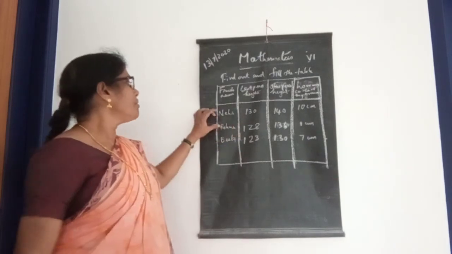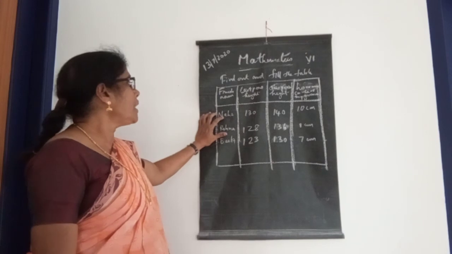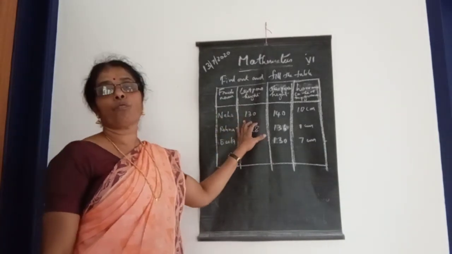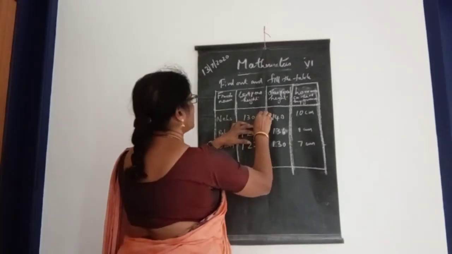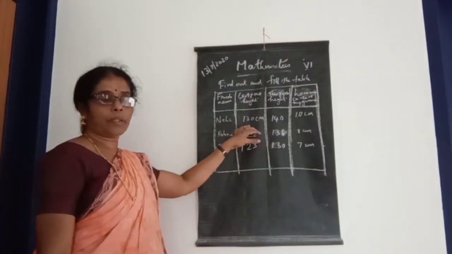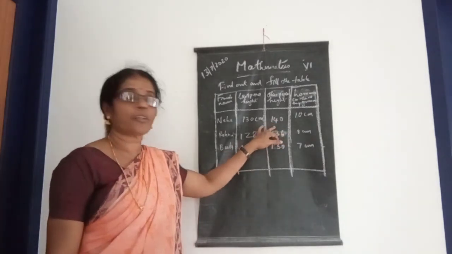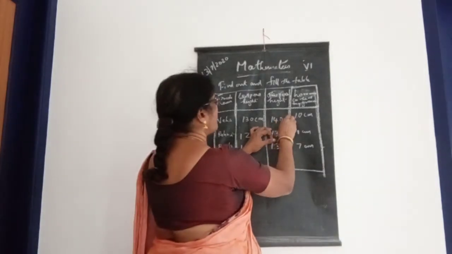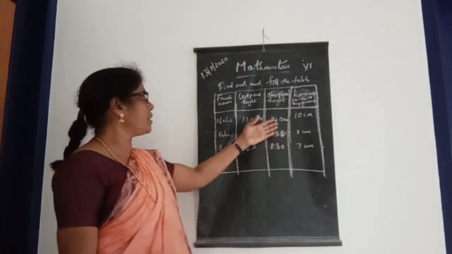Look here. First is Neha. Neha's last year's height is 130 centimeter, and this year her height is 140 centimeter. What is the difference between these two?